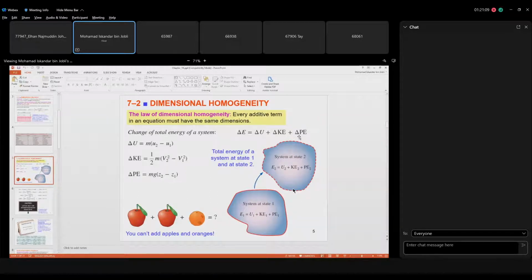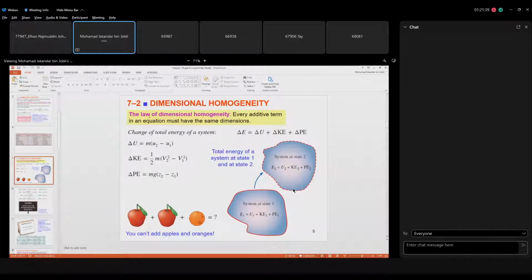It refers to the same thing, because dimensional homogeneity is to check the validity of the equation. If I ask you later on to prove that this equation is correct or valid, or to check its validity, those are the forms of question I may be asking you.